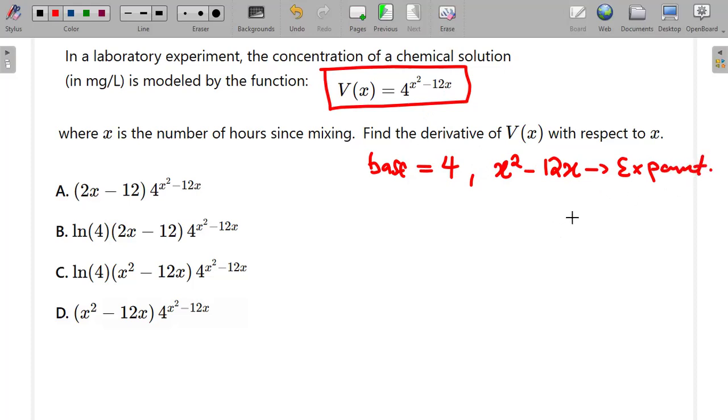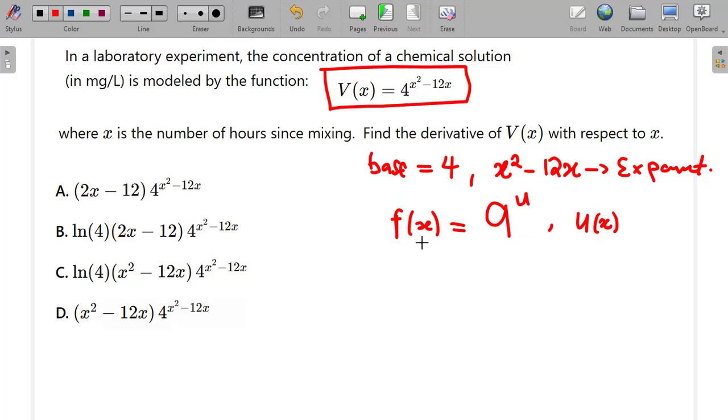So now, the rule when you're differentiating an exponential function is this. Let me say I have an exponential function, f of x, which is equal to a to the power u, where this u is actually a function of x.